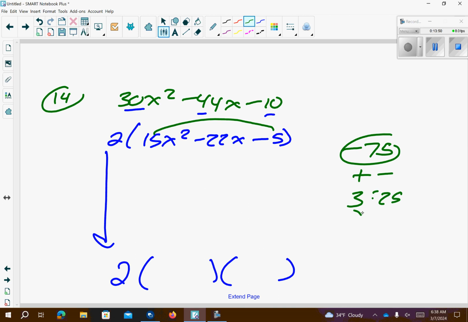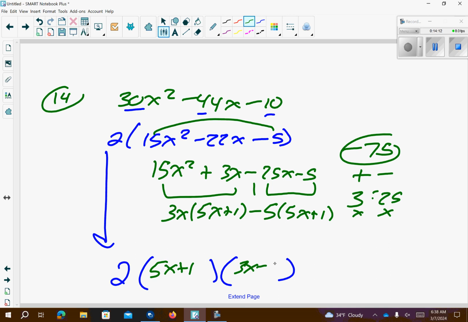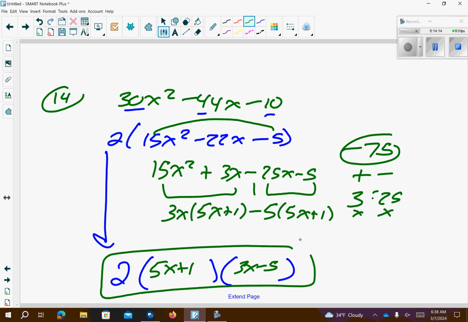It'll be a negative 25. Don't forget the x. So I get 15x squared plus 3x minus 25x minus 5. Factor a 3x out of both of those. That gives me 5x plus 1. Middle sign comes down. Factor a 5 out of those. That gives me 5x plus 1 because you change your signs. So the 5x plus 1 goes there, and the 3x minus 5 goes there. Don't forget that 2 out front.